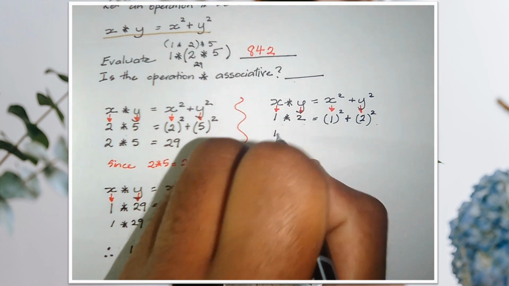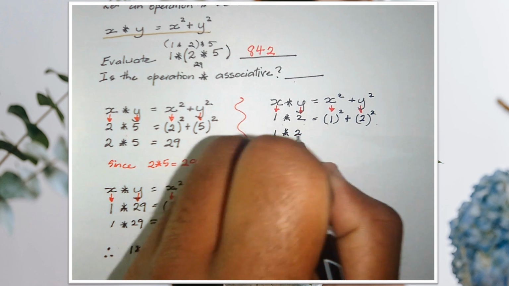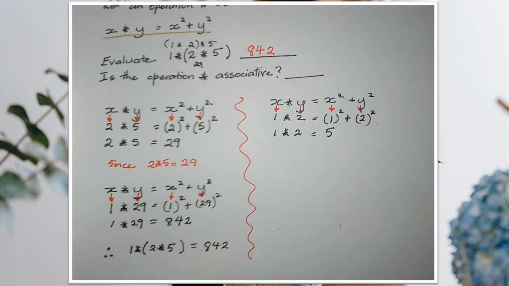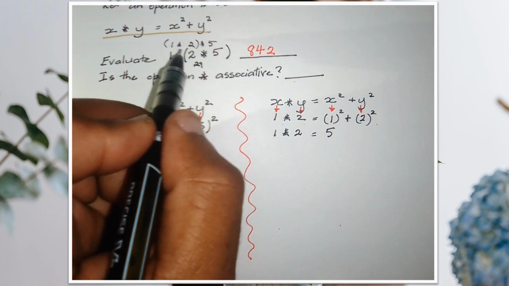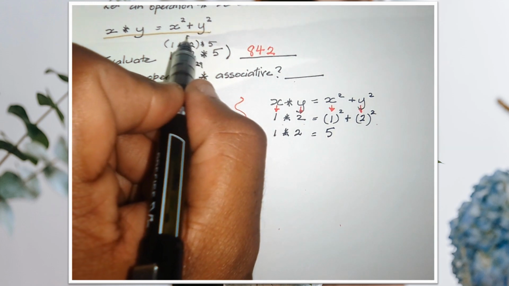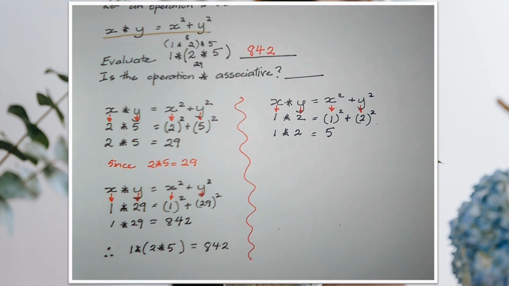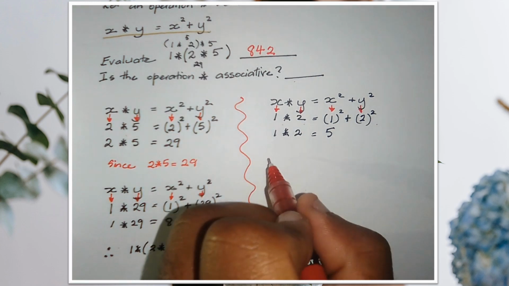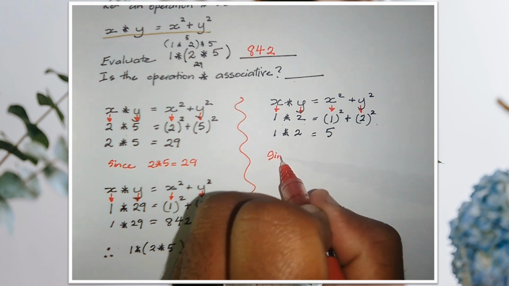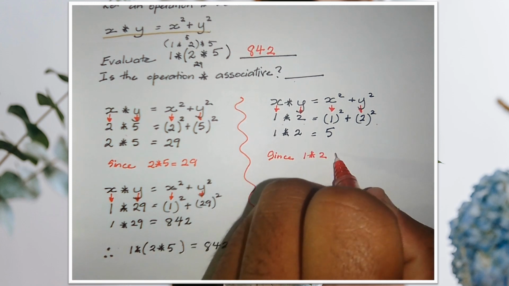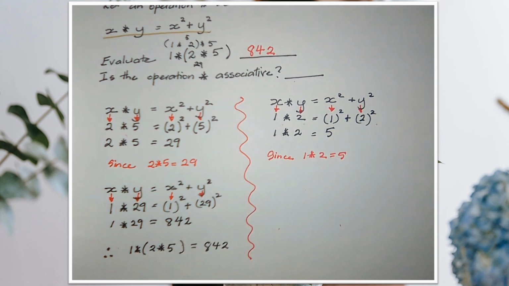So we can say 1 asterisk 2 is equal to 5. But that's just the first part of the bracket. So up here, it's going to be 5. So we need to work out now 5 asterisk 5, since 1 star 2 was equal to 5.